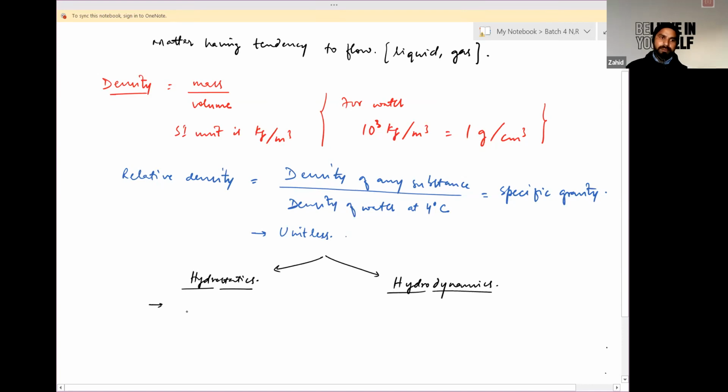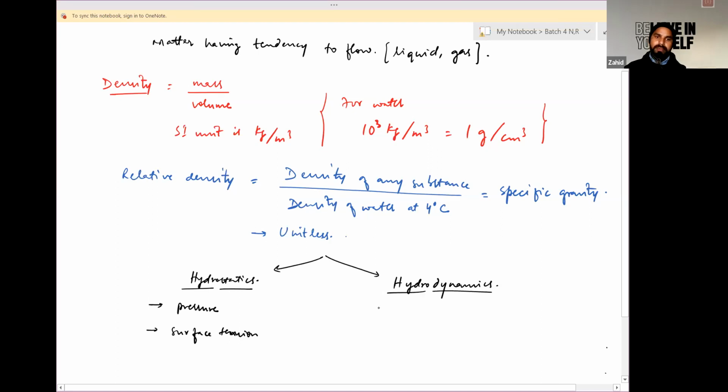So for hydrostatic part, first is pressure, Pascal's law and application of it. Next is Archimedes' principle, which is omitted from your syllabus. Next is surface tension and its various application.